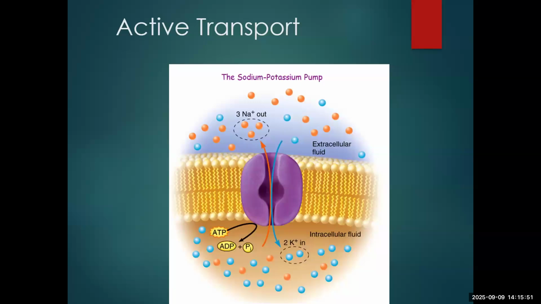So you require ATP to move sodium out and move potassium in. Why do you need to do that? Because it's an electrical charge across the membrane that you use for your nervous system and your movement, in addition to other things.